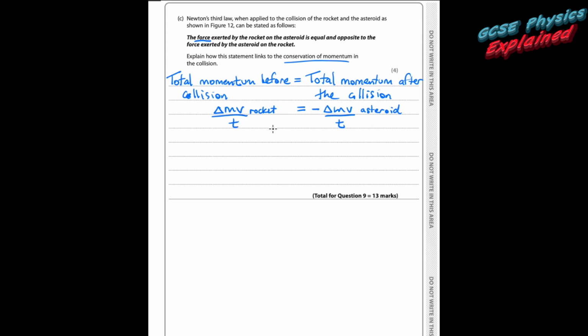Now the impact time is going to be the same. If the rocket impacts for 0.1 seconds into the asteroid, that means the asteroid's impact time will also be 0.1 seconds because it's the same impact, so it's the same time.